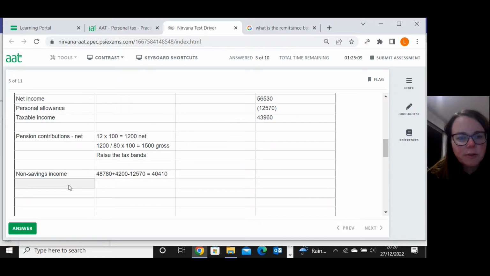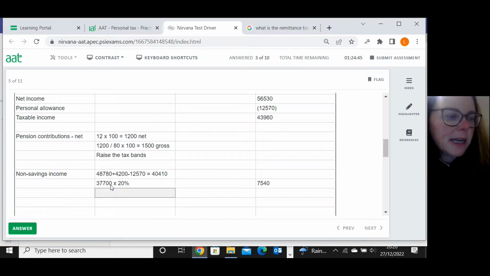So we are going to begin with our normal 37,700 at 20%. We've raised the bands by 1,500. Let me get my calculator. So 37,700, add 1,500 is 39,200. So I'm still not up to my 40,410 that I'm trying to tax.